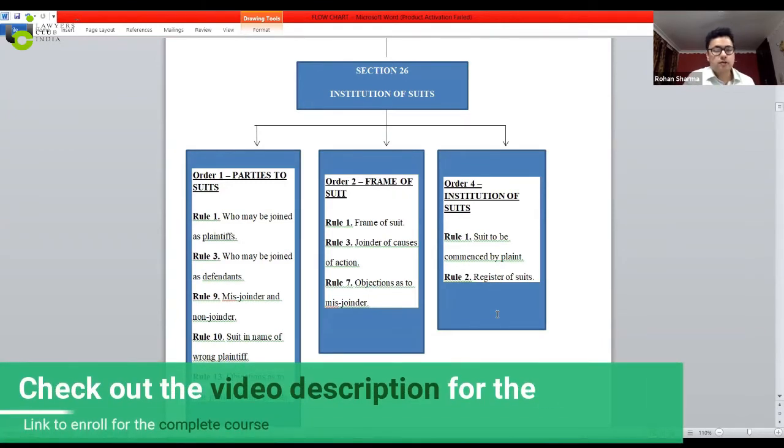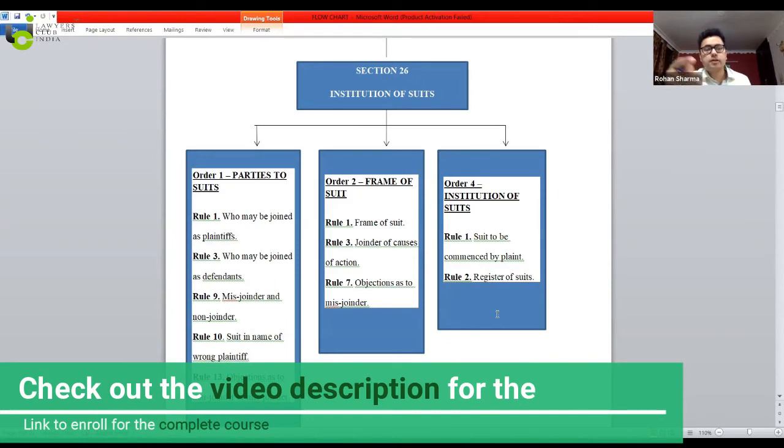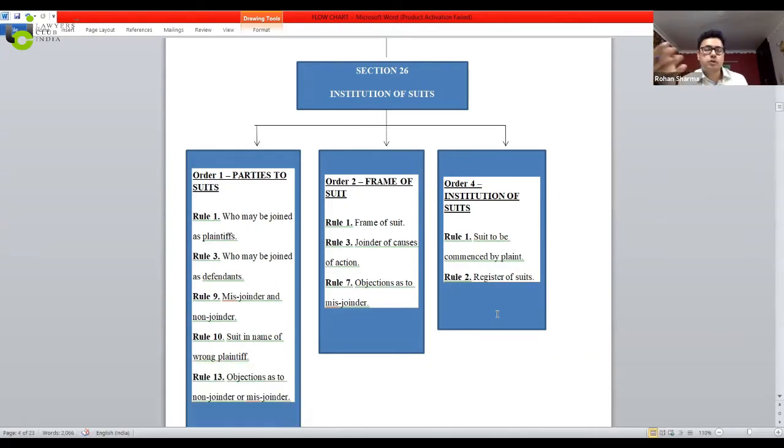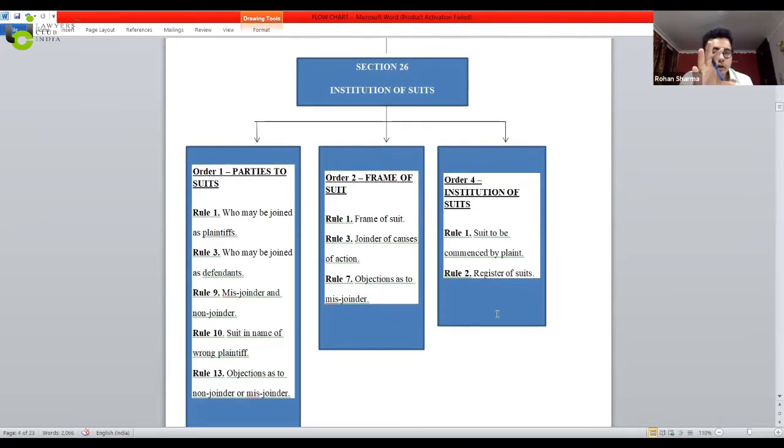What are the ingredients of a plaint, what all should go into the plaint, what should be the structure of that suit, what should be the specific things that you need to outline, what are the forms of pleadings that you need to plead? All of these things are explained in requisite orders, which I'll explain and which you can see on the screen, which are interlinked to your Section 26.